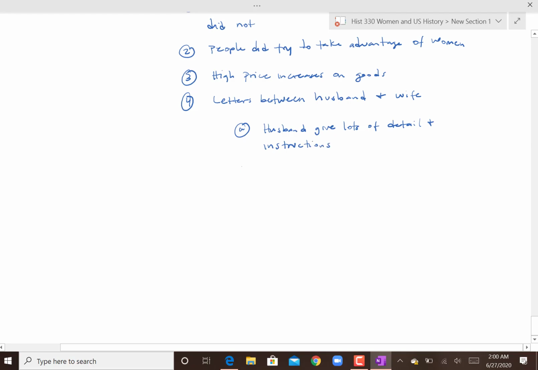right? Understandably so, if your wife hasn't done stuff with the business. The other thing we saw is there would be terms like "your farm" or "your business" from the women when they were writing letters to their husbands. Your farm is doing well. Your business is this, this is happening.